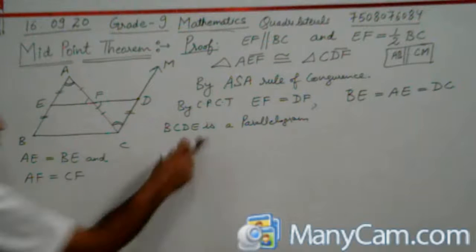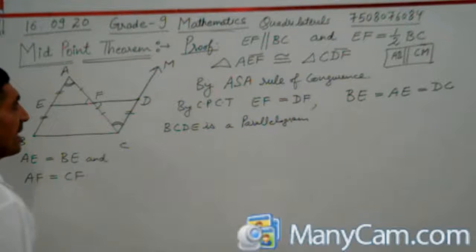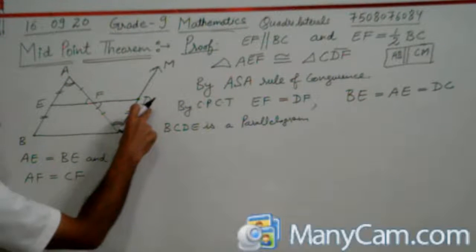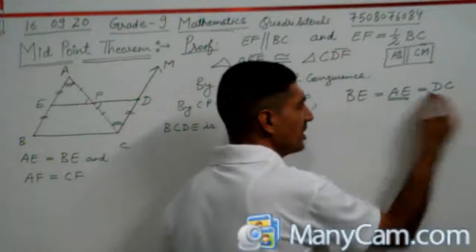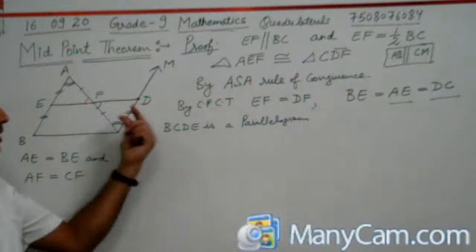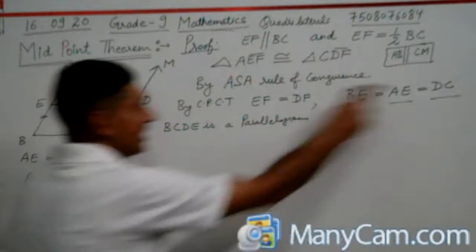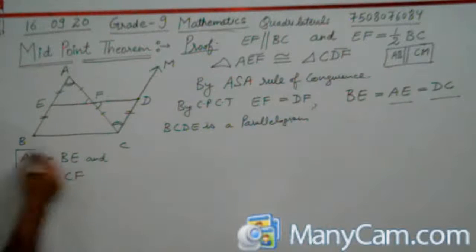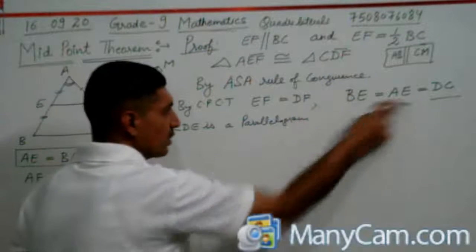By CPCT, AE is equal to BC. AE is equal to CD or DC, and this is further equal to BE.